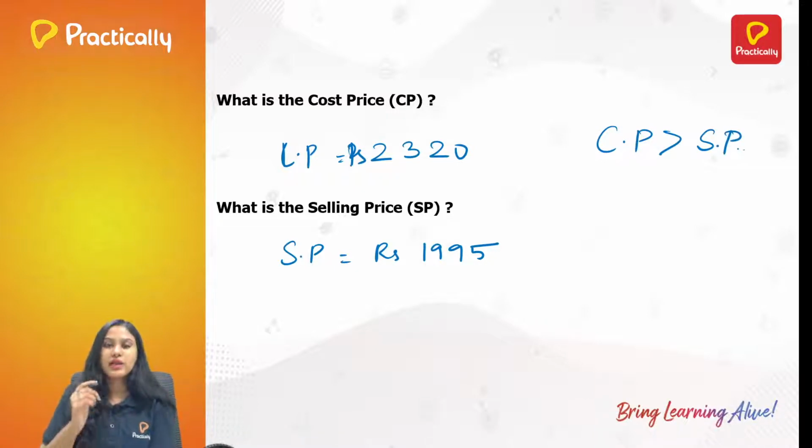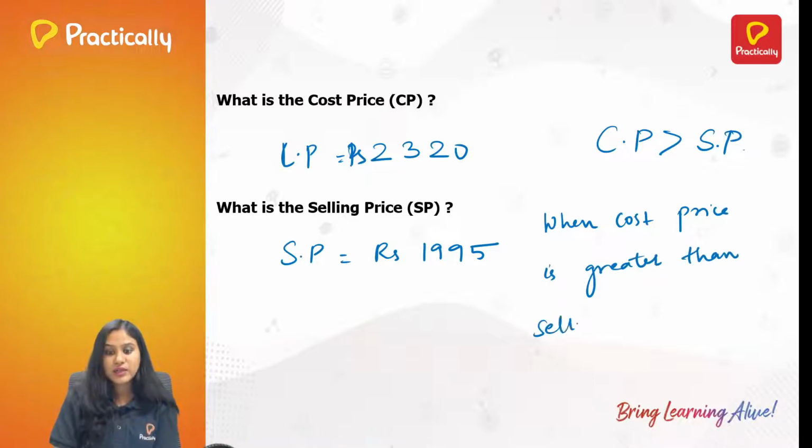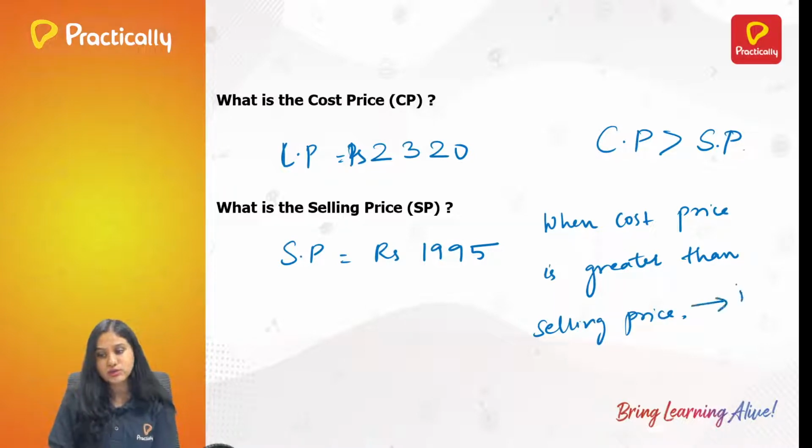Okay. Now, let us learn the concept here. When cost price is greater than selling price, it means the shopkeeper had a loss.